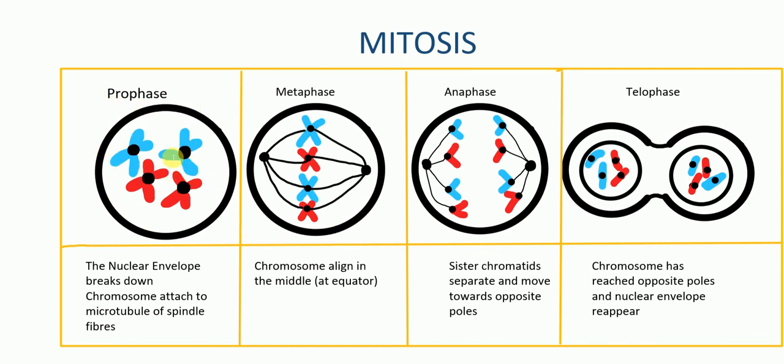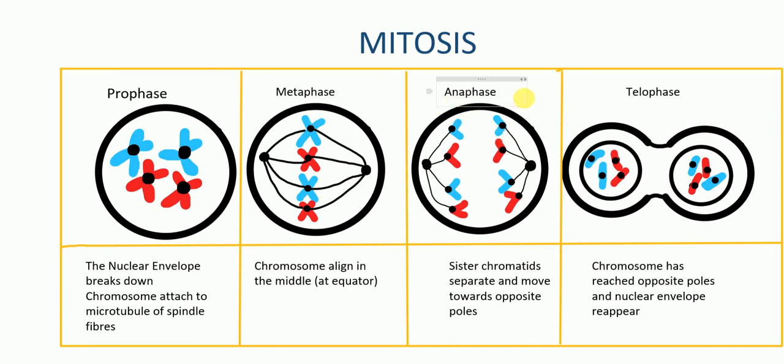Here you can see the nuclear membrane is broken down, okay, and the chromosome is attached to the microtubule of the spindle fiber. This you cannot clearly see under the microscope most of the time, okay. So the next stage is metaphase, and this is the easiest phase to identify under microscope, okay. Why? Because in this stage the chromosomes align at the middle, okay.